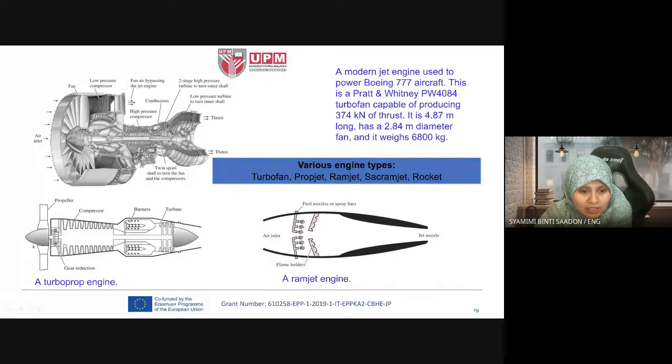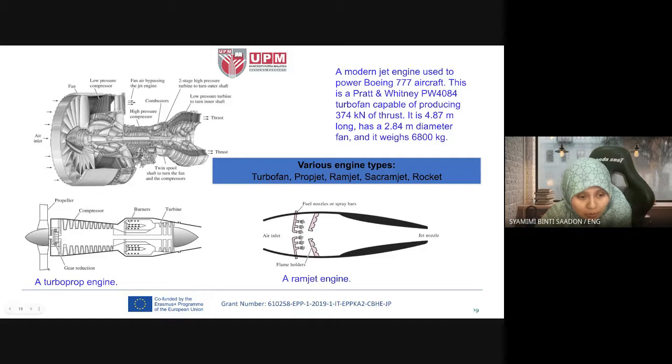And this one is the turboprop engine, which is sometimes used for short distance civil aircraft. For short distance we sometimes use turboprop, and for long distance we always use turbofan.